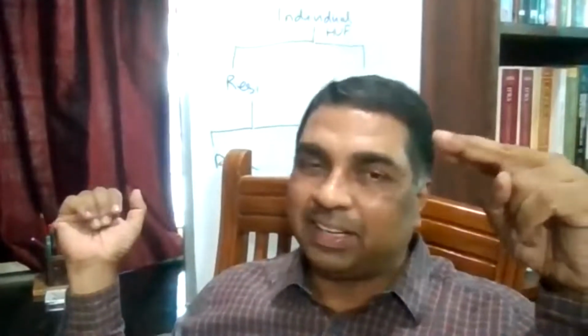We have to see in the 7 preceding previous years, immediately preceding the relevant previous year, whether the Karta has stayed 730 days or more, and in the 10 previous years preceding the relevant previous year, whether the Karta is resident for at least 2 previous years or not.